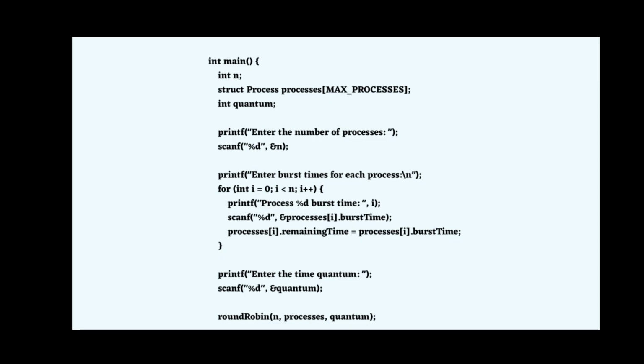We are defining here int n, that is the number of processes, and struct process processes[MAX_PROCESSES], and int quantum.